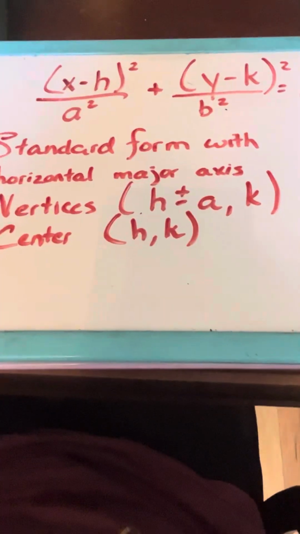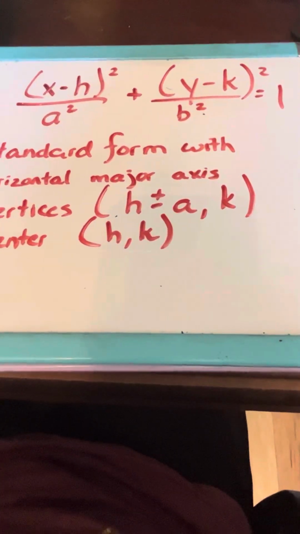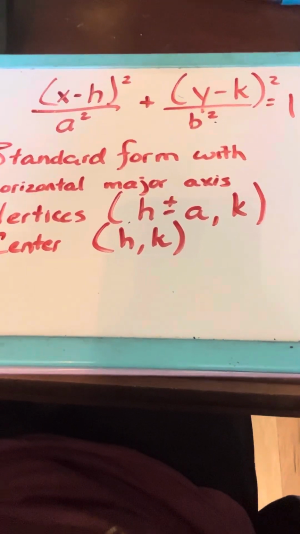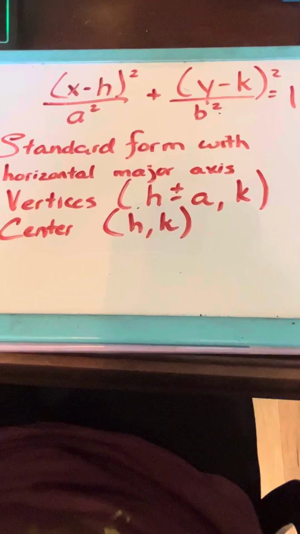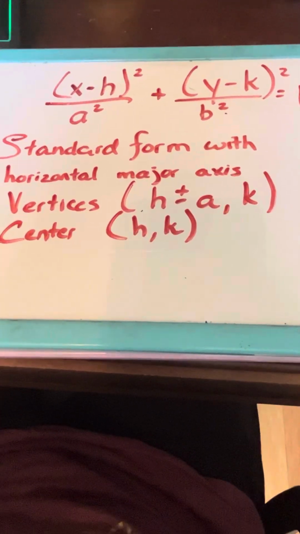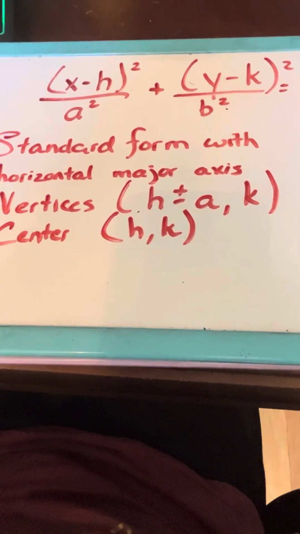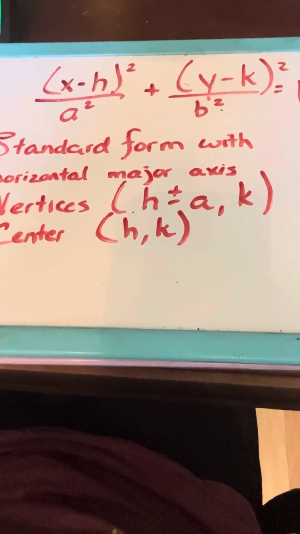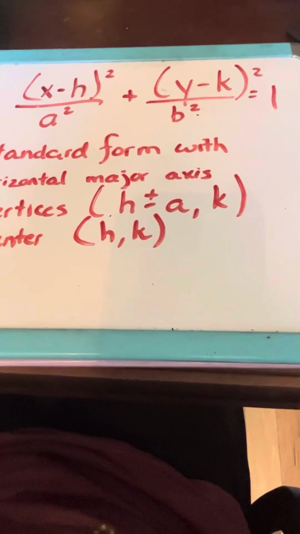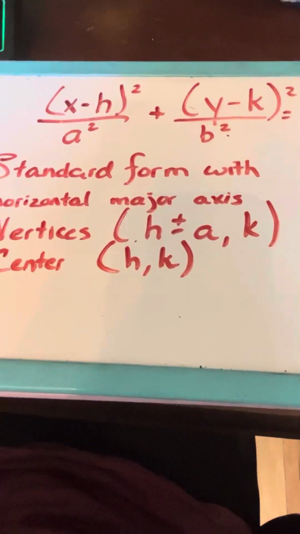So we've got the standard form for an ellipse with a horizontal major axis. That standard form is (x minus h) squared over a squared plus (y minus k) squared over b squared equals 1.